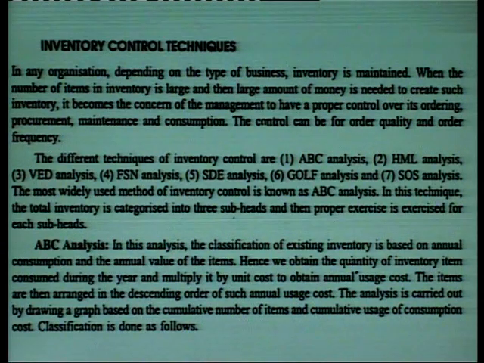In this technique, the total inventory is categorized into 3 subheads and then proper exercise is applied for each subhead. I will show the students the ABC analysis graph also, which helps us to see the things in a proper manner. In ABC analysis, the classification of existing inventory is based on annual consumption.